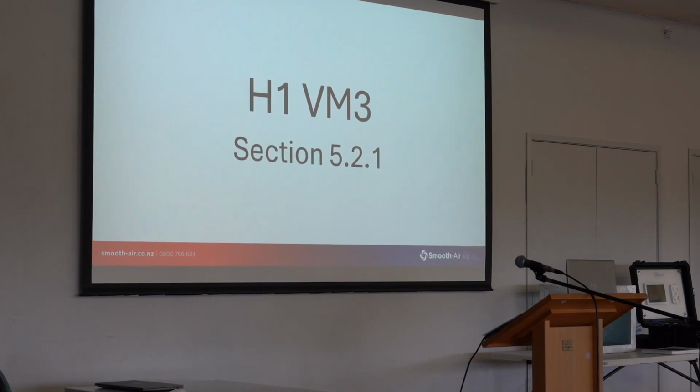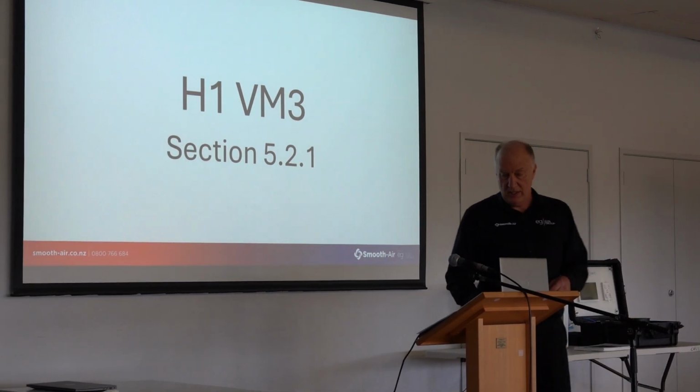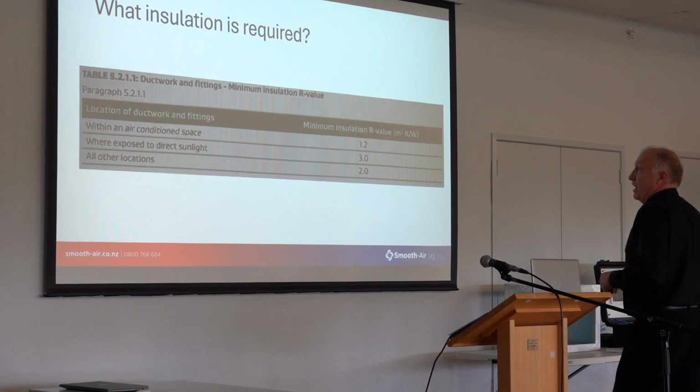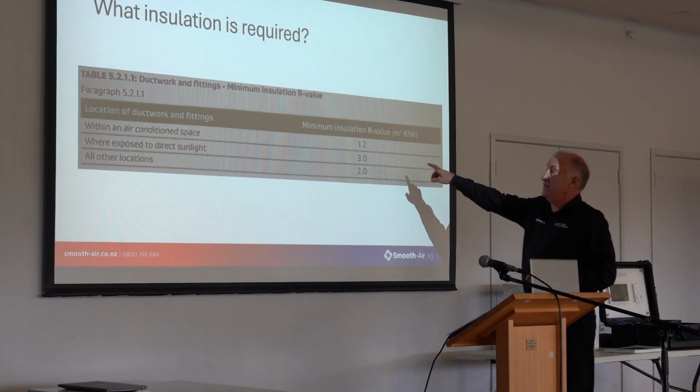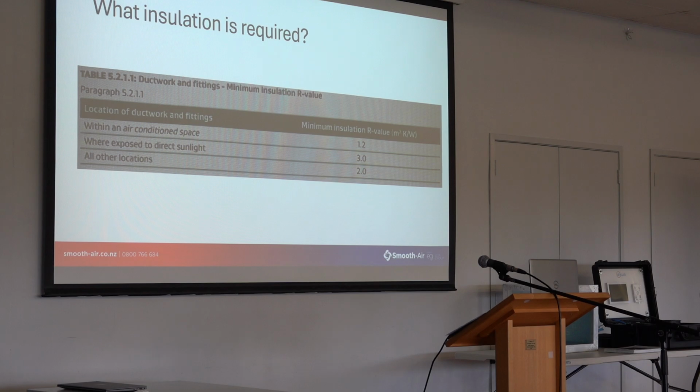However, the rigid duct, which is what we're primarily going to talk about tonight, is somewhat more complex. This is a section of the code. You can see this first line here says if you're in an air-conditioned space, you've got to have an R rating of 1.2 on your rigid duct. So if there was a room that had air-conditioned air in it, and there was a duct running through this one to another room out the other end, and this was an air-conditioned space, all your ducts got to be 1.2.